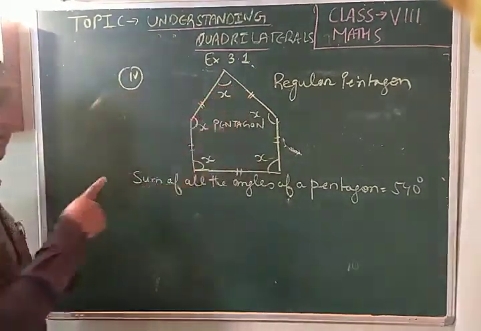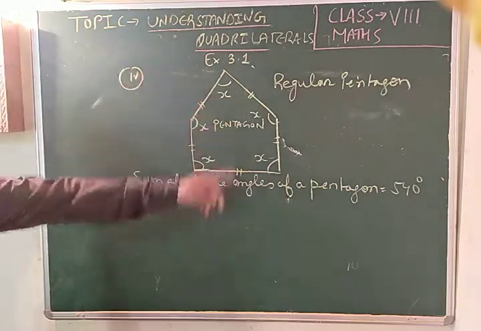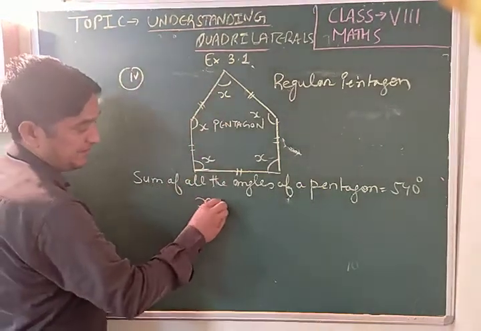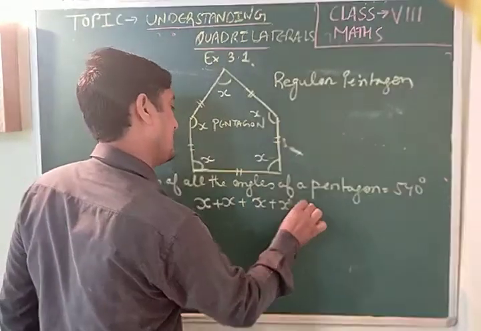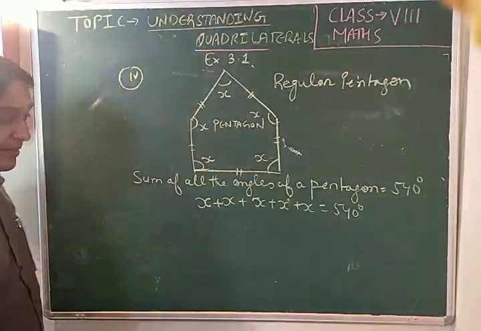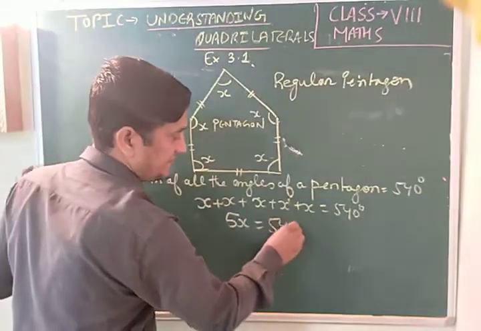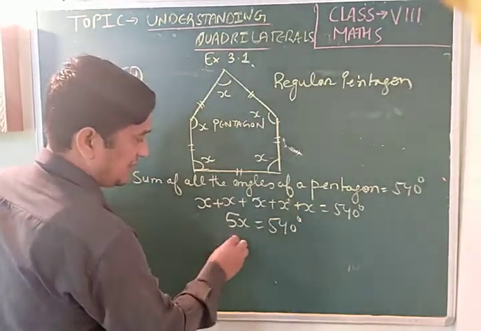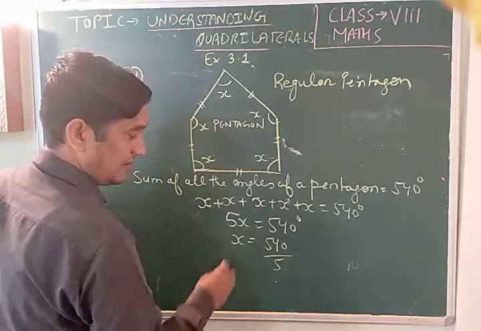Always remember this. So it becomes x plus x plus x plus x plus x equals 540. It becomes 5x equal to 540.